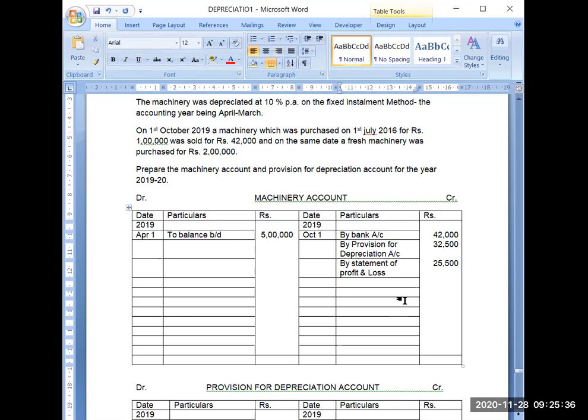So this way the machinery which was having opening balance here for rupees 1 lakh has been sold and its account being settled. Now the remaining machinery we are having is 4 lakh rupees.